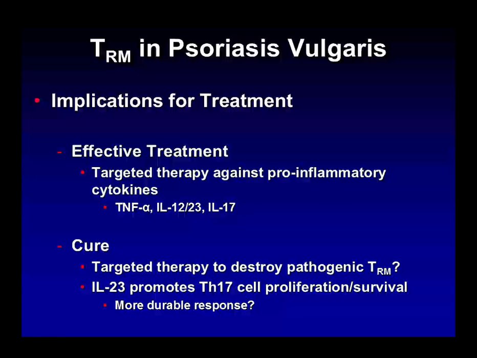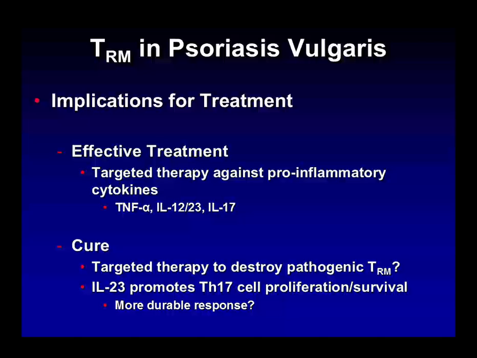However, these do nothing, as far as we know, to affect the resident memory T cells that are causing the disease. So when we take them away, by and large, patients are going to have recurrences. In the future, it may be that if we can develop targeted therapies to actually destroy the pathogenic skin-resident memory T cells causing psoriasis, we can generate more durable responses or even possibly cure this disease.